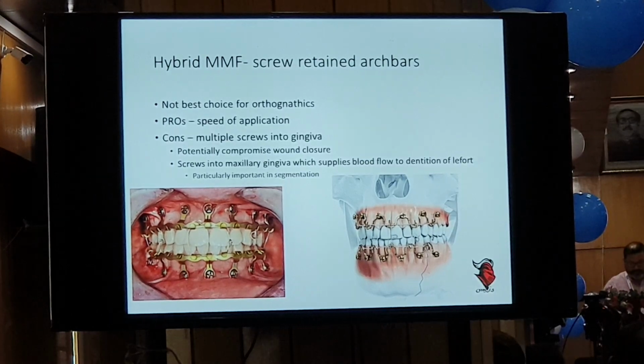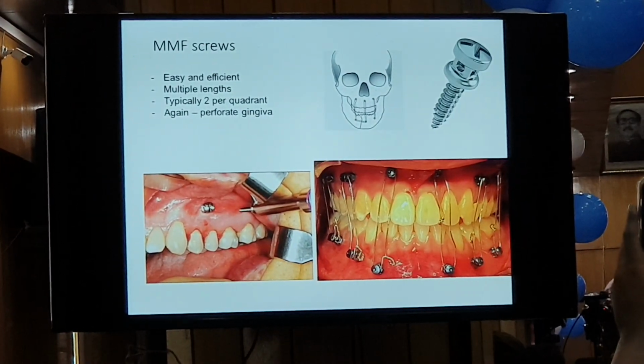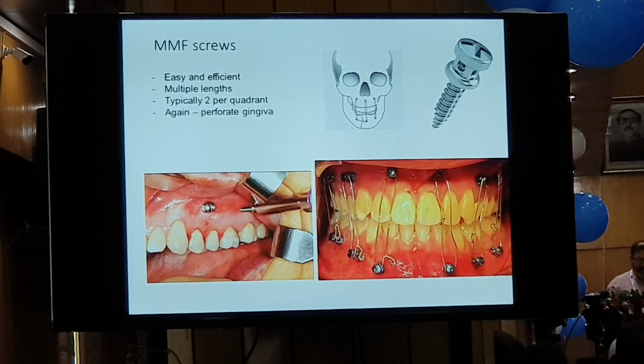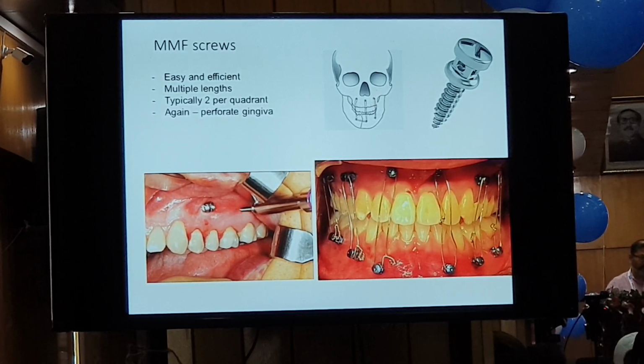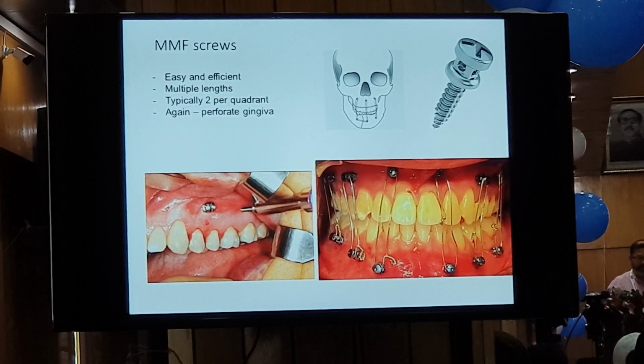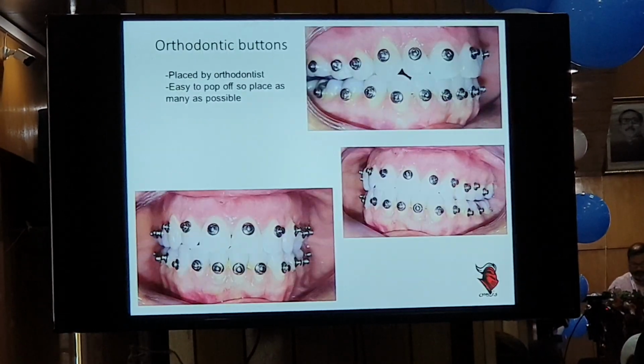So that's an option. You could use MMF screws or tags, which is something I like to use as well for maxillary fixation. The only problem with this is your maxillary gingiva, in the segmental case, your blood supply is through the gingiva, so you could have some potential compromise.